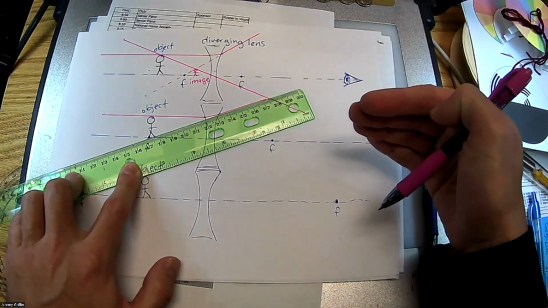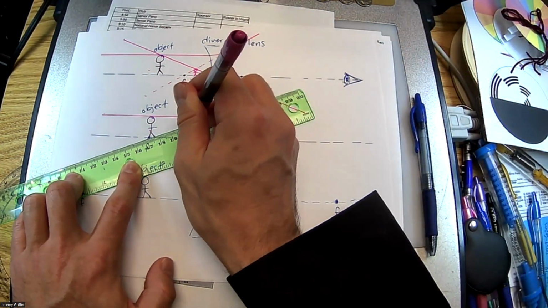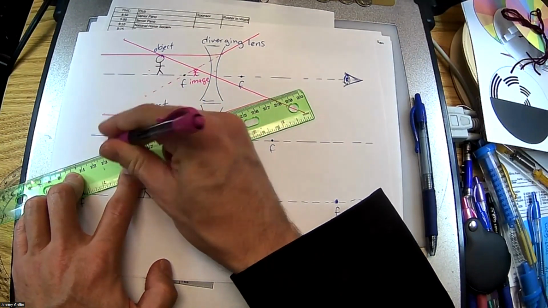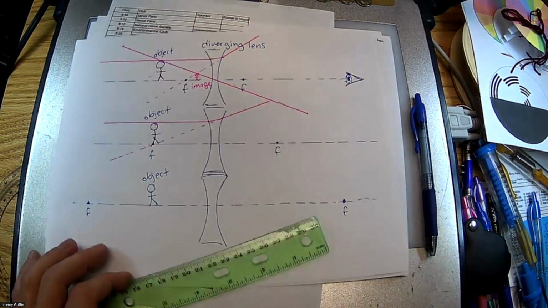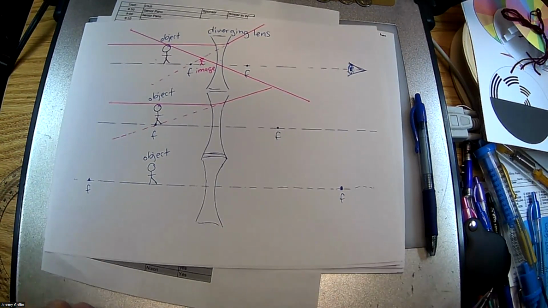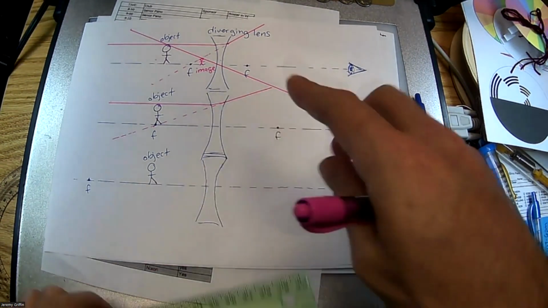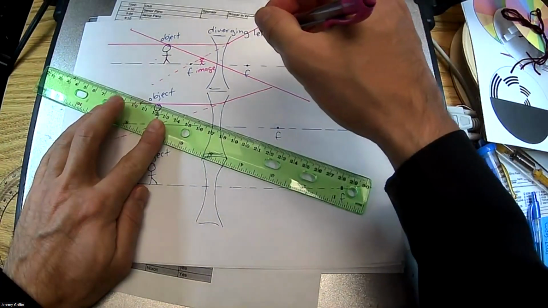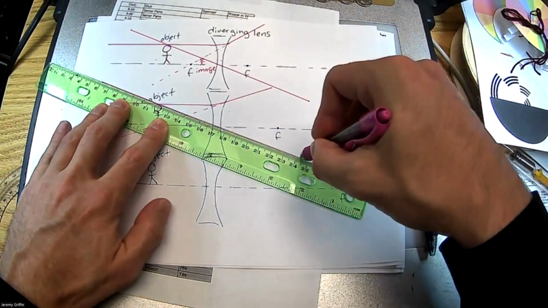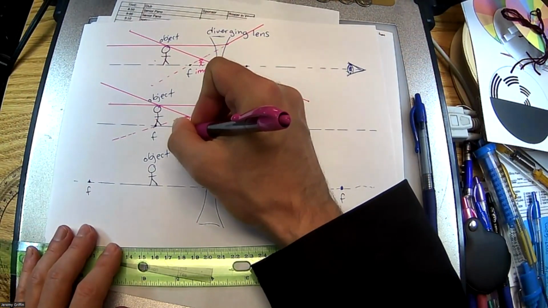If you're an observer on the right side looking towards the left, you say, well, it looks like it came from, I'm extrapolating back straight through that focal point. Then let's go from the top of his head through the center of the diverging lens, zip, and look where those lines cross. There's your image.